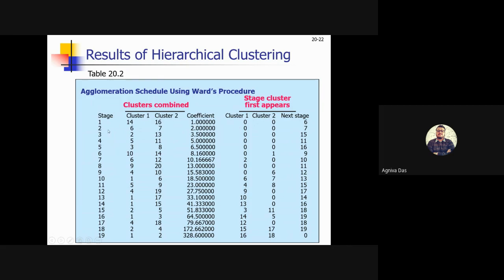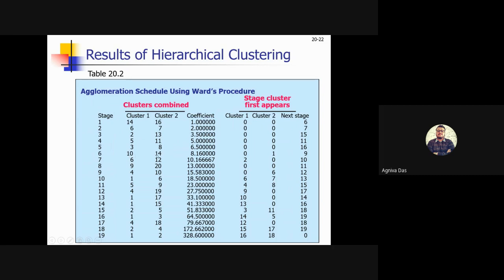Next we move on to stage 2. Again, observation number 6 and observation number 7, their coefficient is given as 2. Then in the next stage, stage 6, you have 10 and 14.